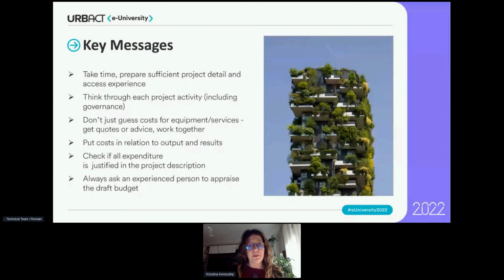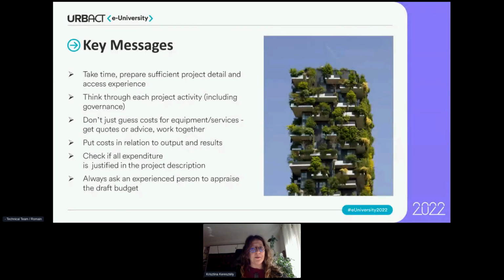This is a very important point: when you have the budget, please get back to your project design and see if the logic of your project has all the elements described and justified that you then put into the budget, because sometimes there can be differences or a lack of coherence, and if you are already in the application writing, this could be a problem. It's even a lack of eligibility.